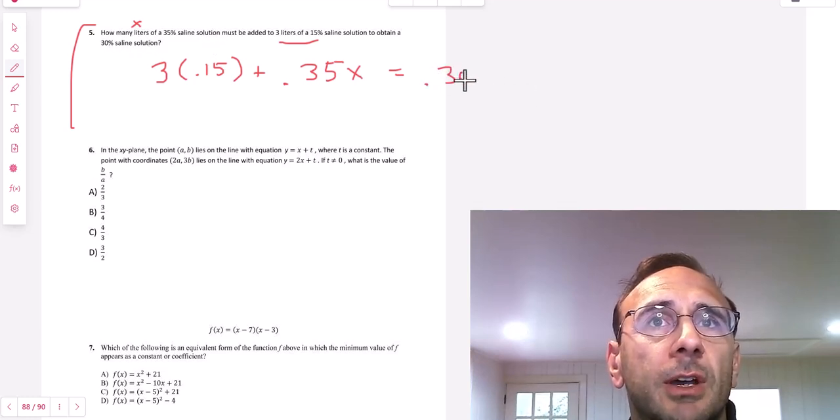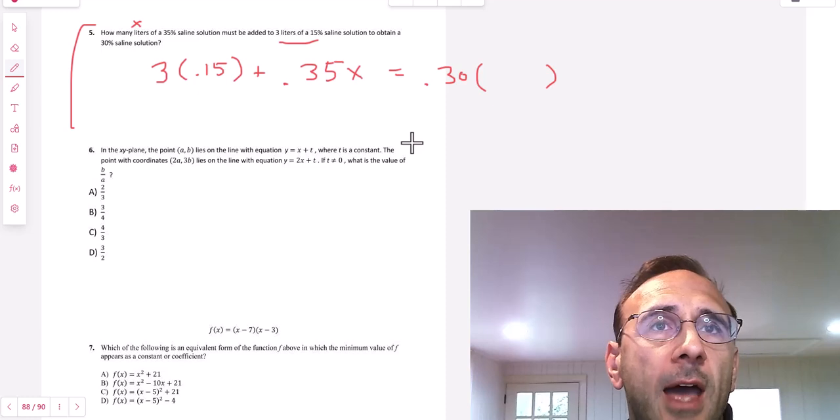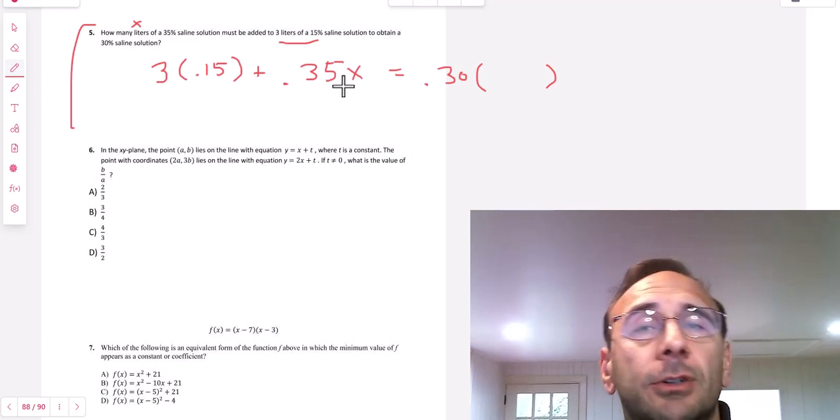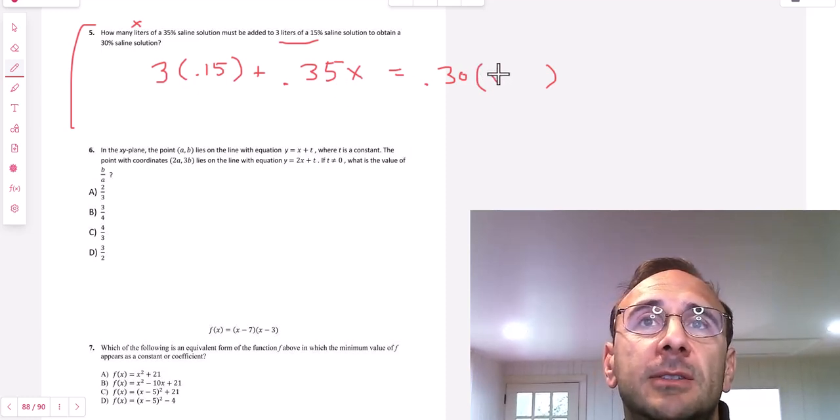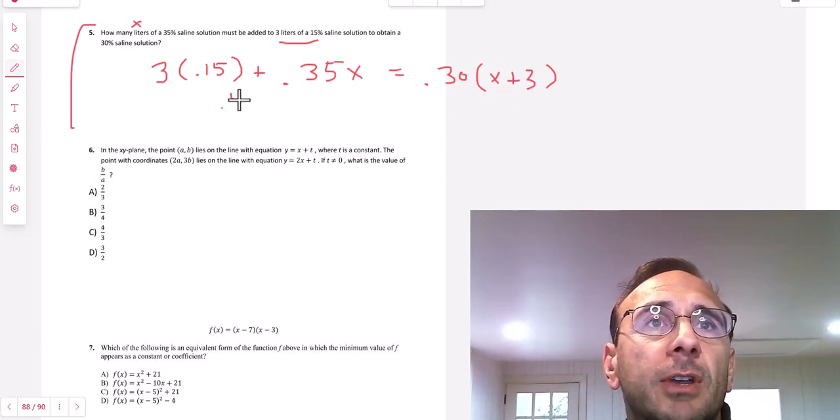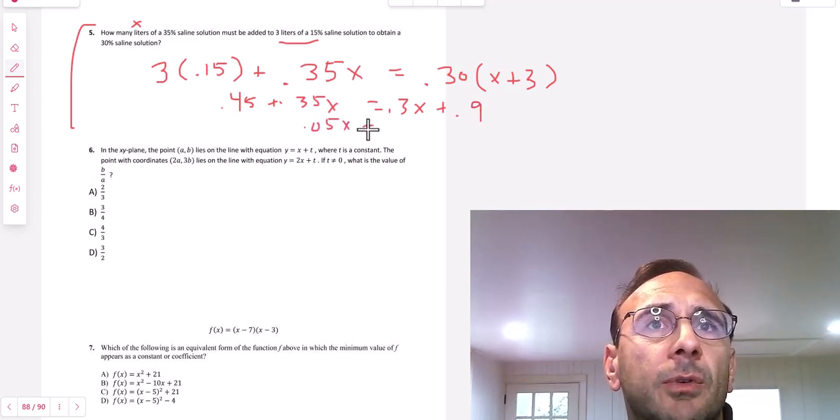So we do 0.30. The last piece, the tricky piece maybe, is how many liters do you have when you add 3 liters to x liters? It ends up that it's x plus 3. So now you can distribute the 0.3, simplify here, combine your like terms. 0.05x equals 0.45, x equals 9.